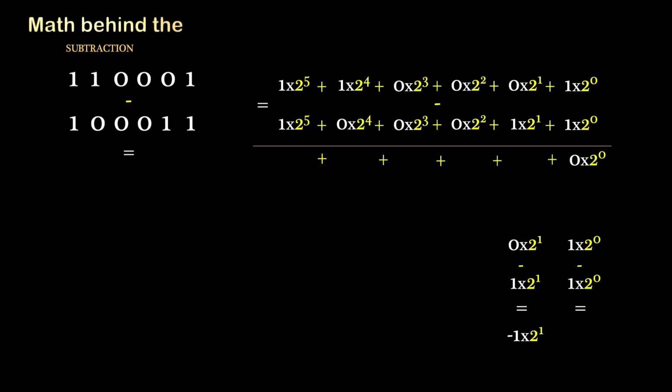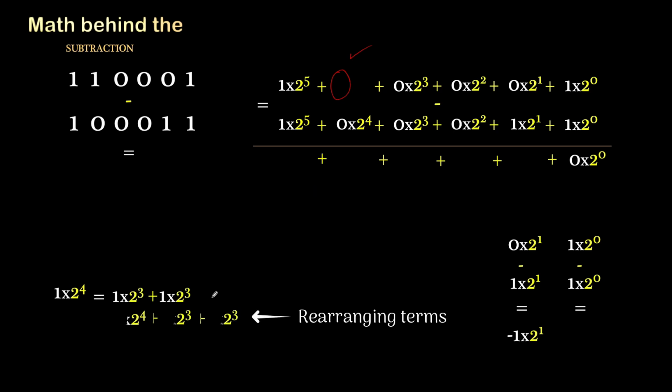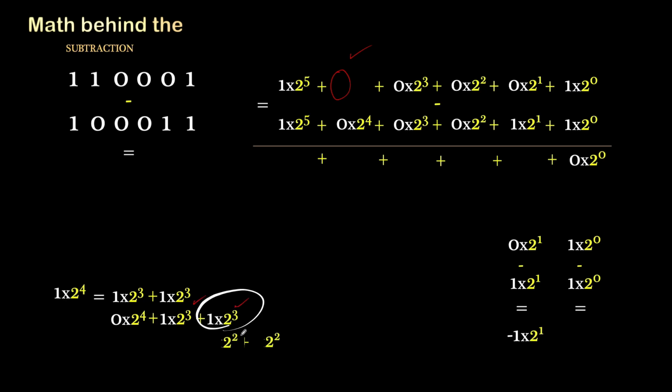We look for the nearest power of 2 with a coefficient of 1. In this case, we have 2 to the power of 4 with 1 as coefficient in the fifth position. This term can be expressed as 2 to the power of 3 plus 2 to the power of 3. Further, 2 to the power of 3 can be expressed as 2 to the power of 2 plus 2 to the power of 2.